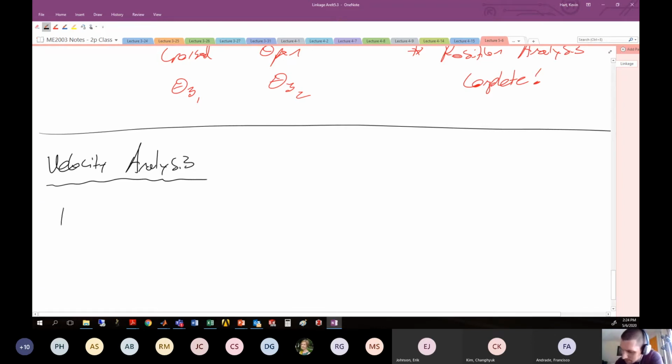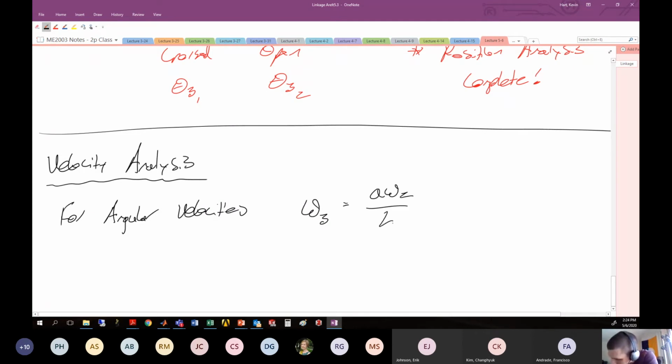For angular velocities, we have omega 3 is omega 2 a on b times sine of theta 4 minus theta 2, divided by sine of theta 3 minus theta 4.